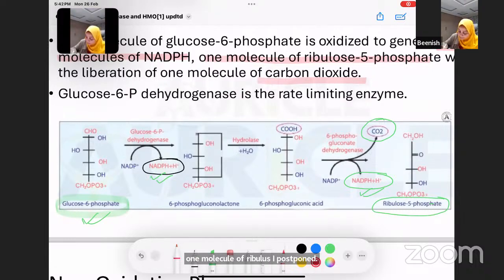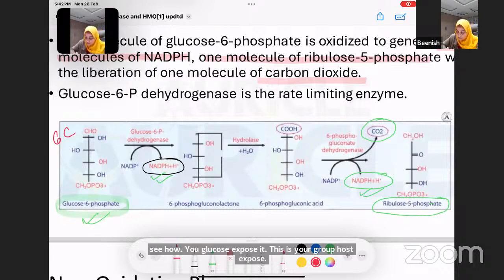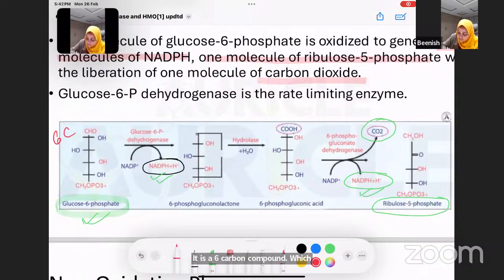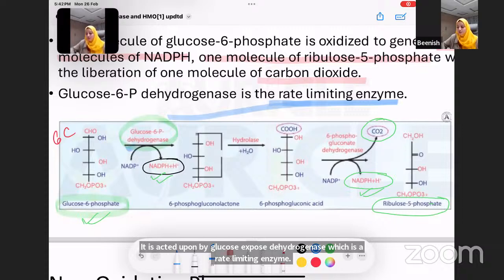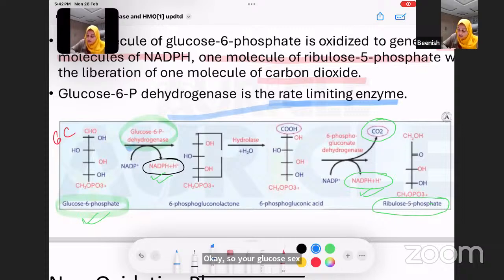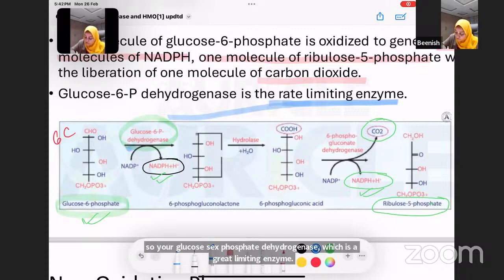Let's see how. This is your glucose 6-phosphate, a 6-carbon compound which is acted upon by glucose 6-phosphate dehydrogenase, which is a rate limiting enzyme.